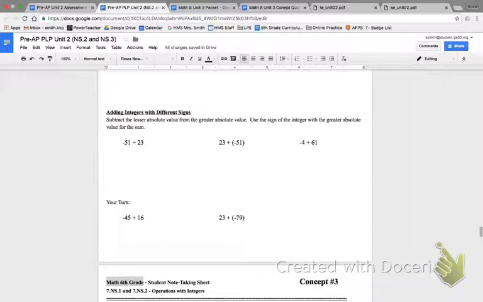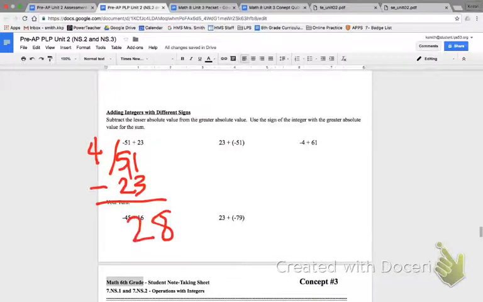So I'm going to take the absolute value of negative 51, which is 51, and the absolute value of 23, which is 23, and I'm going to subtract. Okay, 51 minus 23 is 28.